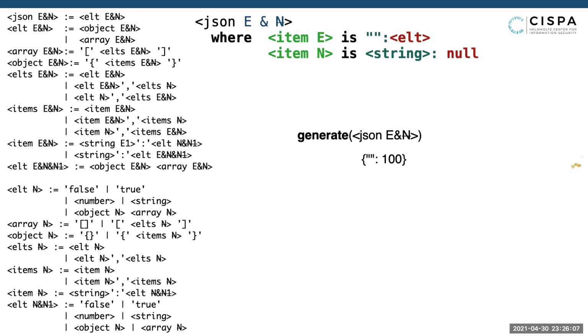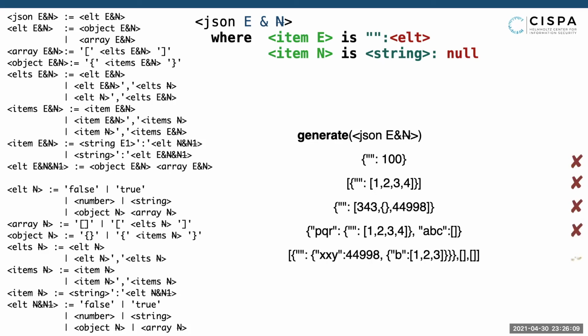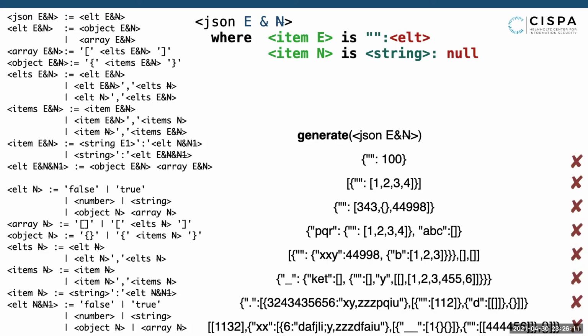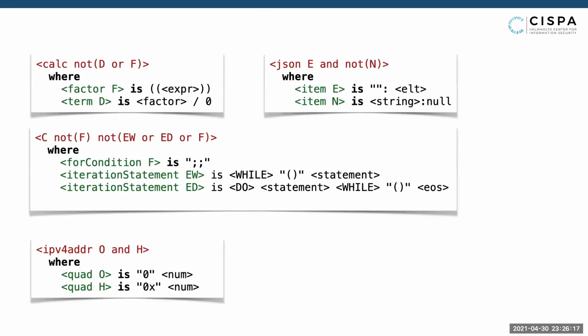That is, this grammar can now be fed into any grammar fuzzer, producing expressions which are guaranteed to contain at least one empty key and no null key value. In fact, we can combine any number of patterns producing arbitrary logical predicates. That is, using our constraint language, we can embed almost arbitrary constraints into a base grammar, producing inputs that obey such constraints and corresponding predicates.